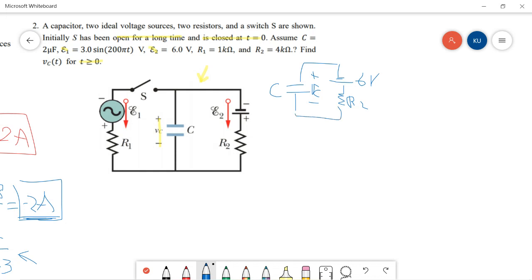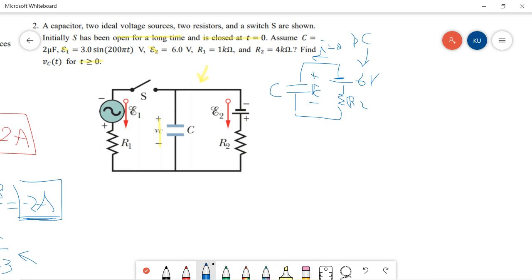And at the steady state, we know that there is no current going in or out of the capacitor, as long as this is a DC source. Okay, so there is no current. I should be equal to 0 at this point.